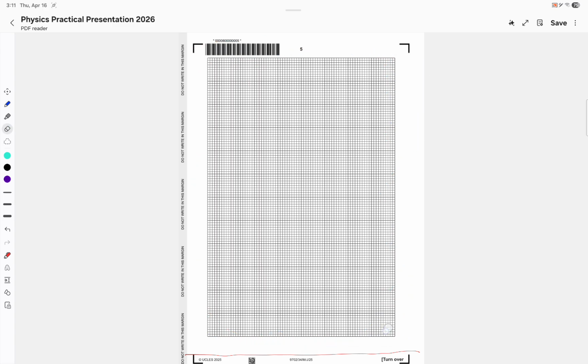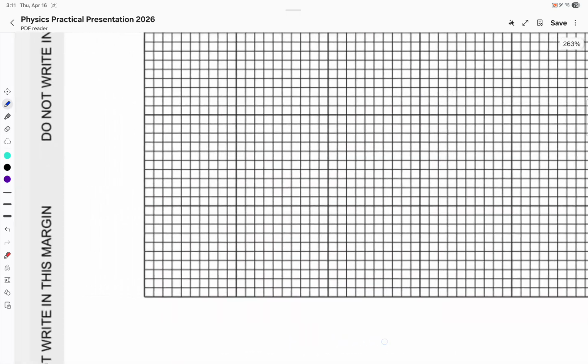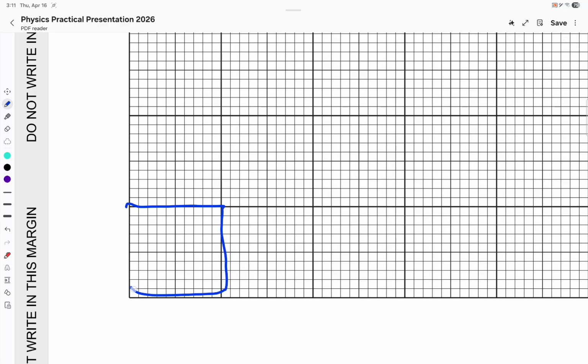If you look carefully, this is one big box, a large one, then a medium box, and finally the smallest one, a small box.